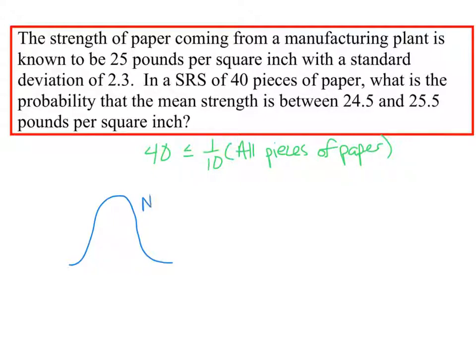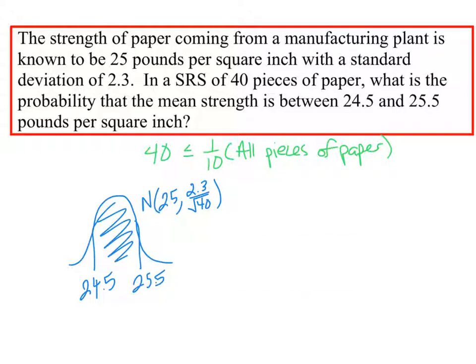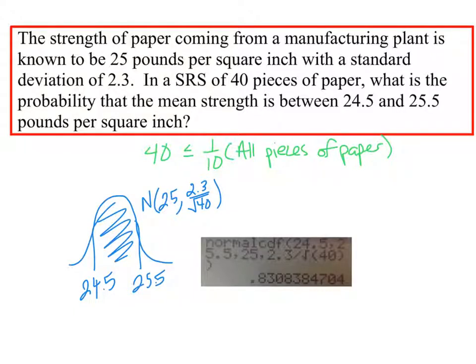The mean was 25. The standard deviation we take is 2.3 over the square root of 40. And we're wondering about being between 24.5 and 25.5. You can see a pretty healthy proportion of the curve, so the probability is very high that it will lie in that range.